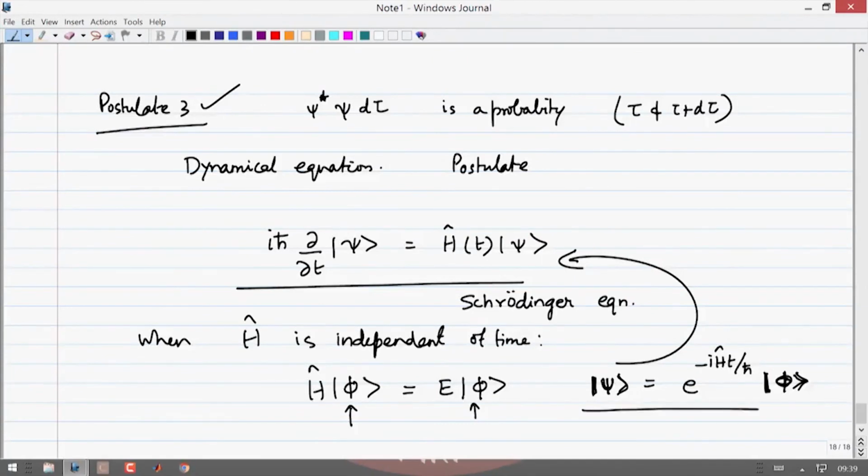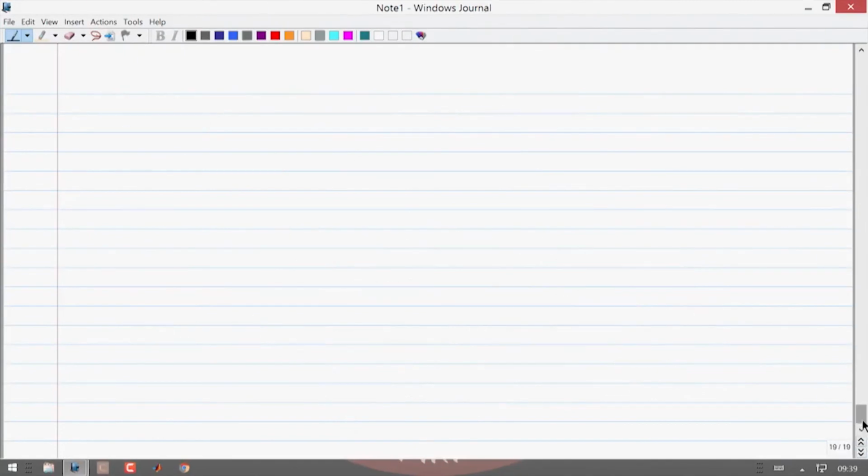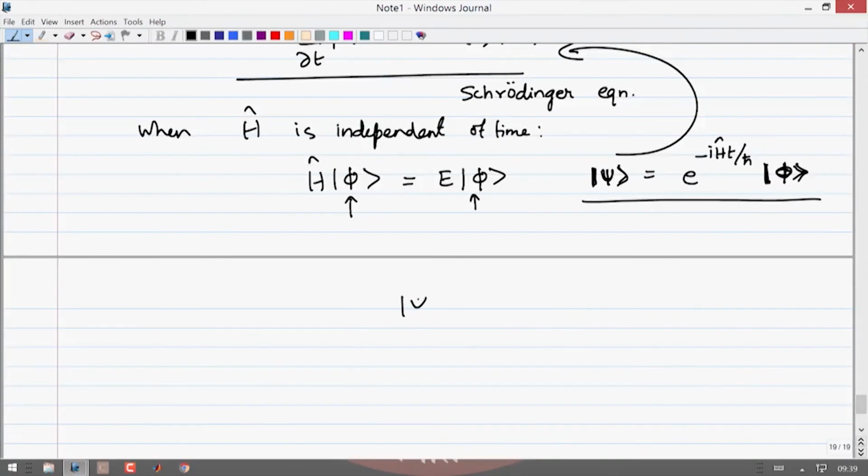And we have probably even an assignment problem that you have solved earlier, that psi is nothing other than e to the minus i E t by h bar times phi, provided that H on phi gives you E on phi. Okay. So, there is a time dependent factor.